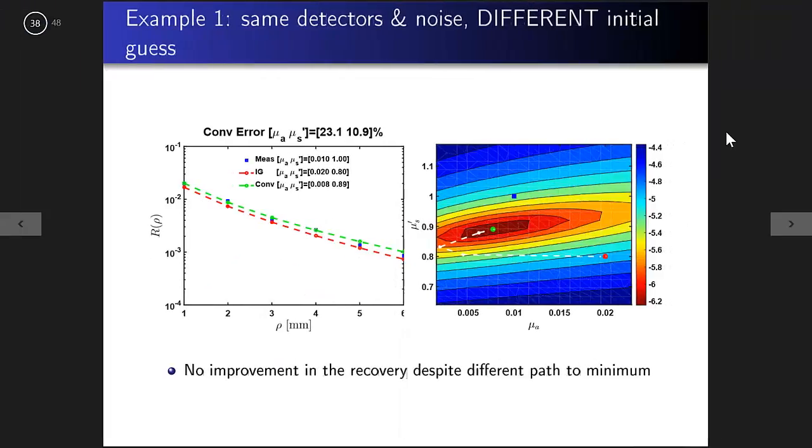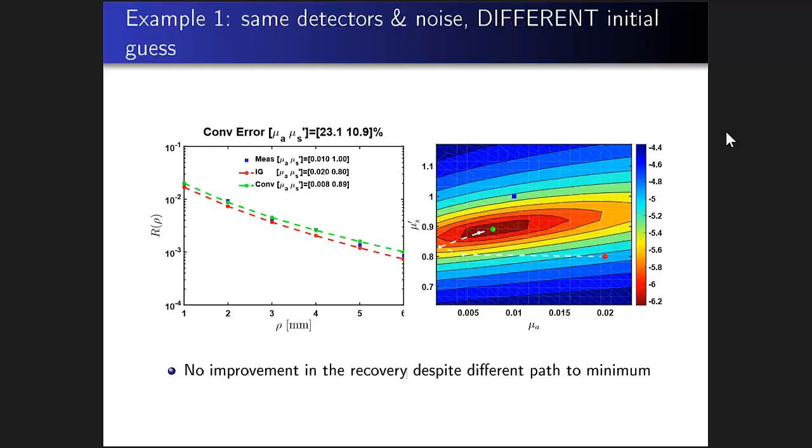And so I tried another initial guess, just to see how entering this basin would come from a different direction. I chose mu A to be 0.02 and mu S prime to be 0.8. It's funny, it converges exactly to the same value. The convergence error is exactly the same. So it's a pretty strong trough right there.